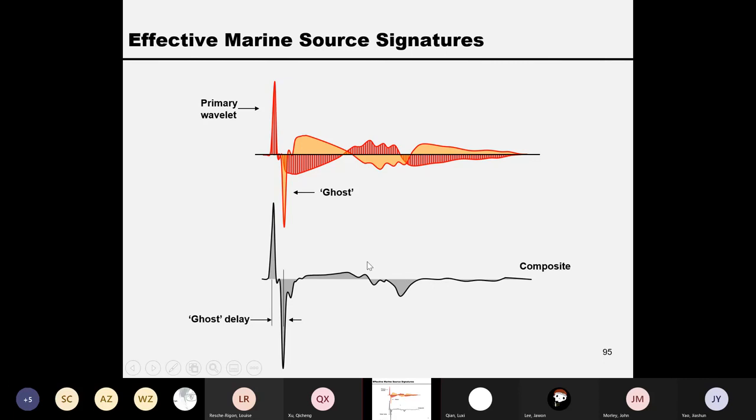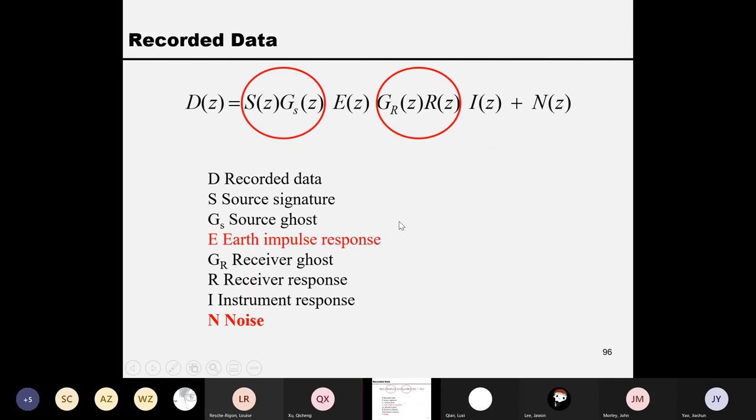It's a very fundamental technology, a fundamental tool in seismic signal processing. Now, what do you actually record? Of course, you have the Earth's subsurface structure, but you also have a source, not only the source but a source ghost as well. You have a receiver, and also a receiver ghost.